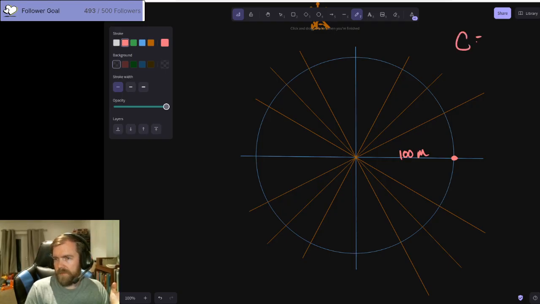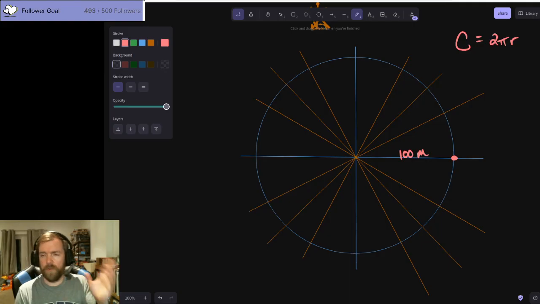Circumference is equal to 2 pi times the radius. In this case, that's 2 pi times 100, so 200 pi is the entire circumference of the circle going all the way around.